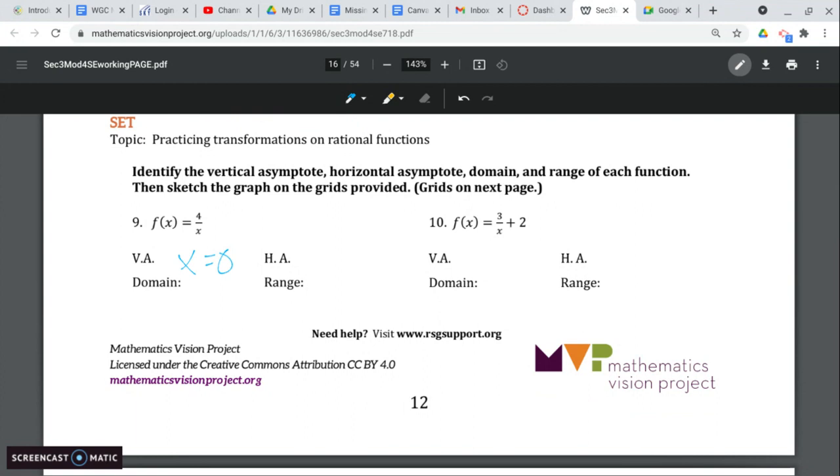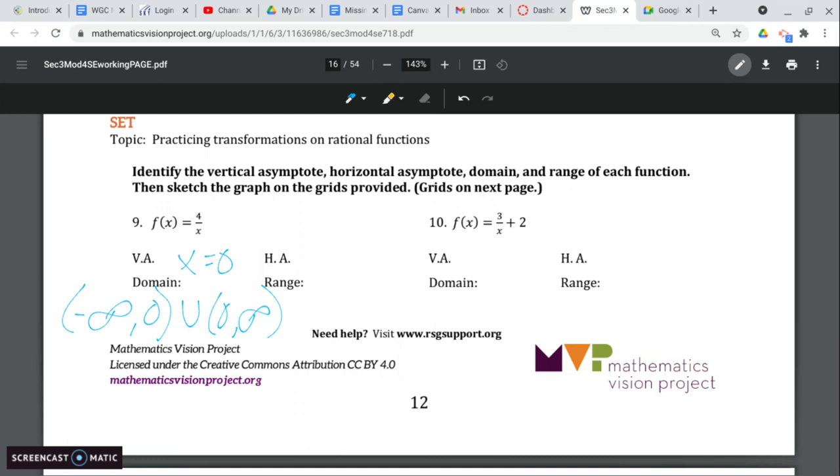Our domain is going to be from -infinity to 0, with the union. The U means union, so also from 0 to infinity. So it's showing that there's that asymptote at 0, so it can't be 0, but it can go to either side.